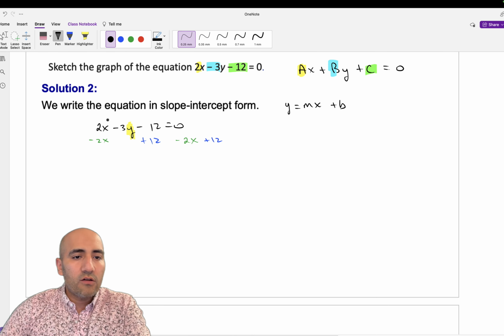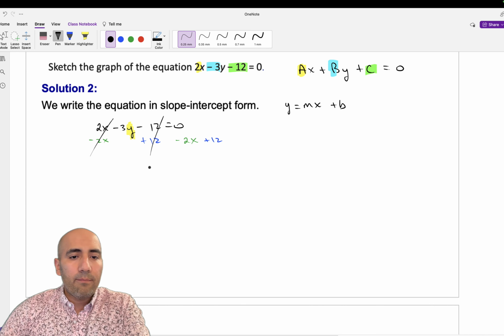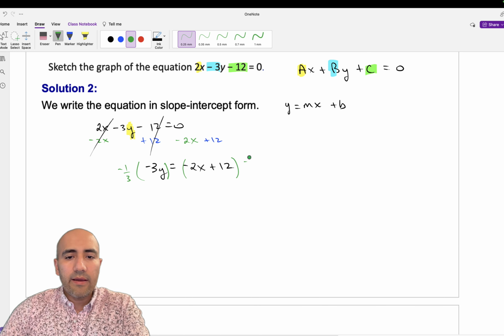We end up with minus 3y equals minus 2x plus 12. Then I'm going to multiply everything by negative 1/3, multiplying this side by negative 1/3 and this side by negative 1/3.